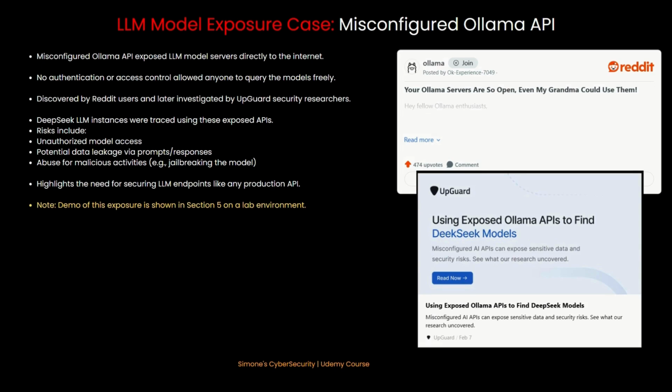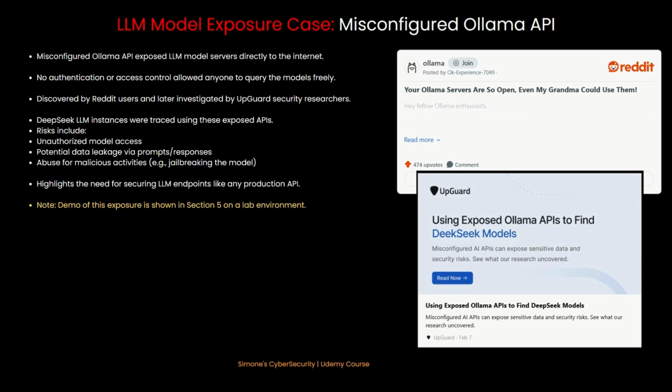It also presents a reputational risk for the organization, because when the organization loses control over what the model is doing, who is using it, and what's being generated in its name, it presents a big reputational risk. From an architectural standpoint, this issue maps directly to what we discussed in section 2 under the integration layer, where APIs connect external users or systems to the large language models, and the AI model layer, where the inference happens.